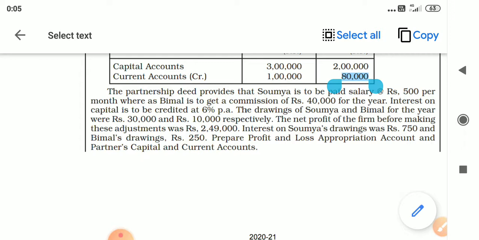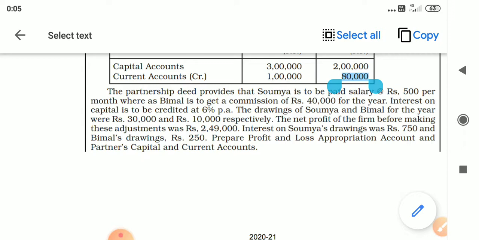Since we have 2 amount columns, the particulars column is common. The amount column, for Soumya we will put the Soumya's amount, and for Bimal we will put Bimal's amount. Now whatever appeared on the credit side of P&L appropriation account, except the first item, profit 2,49,000, will not come.